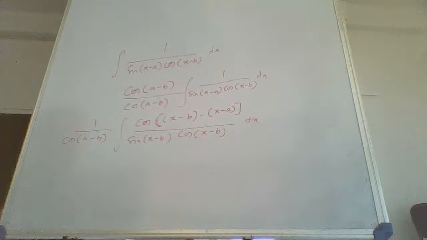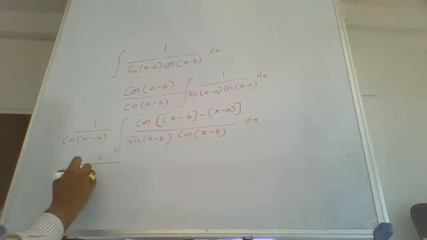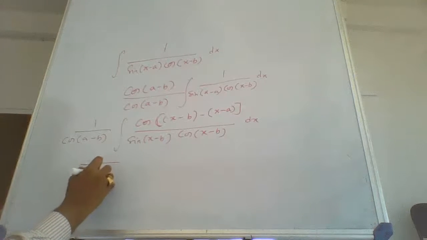Now we have the formula corresponding to this. Let me write that. So this is 1 by cos of a minus b.